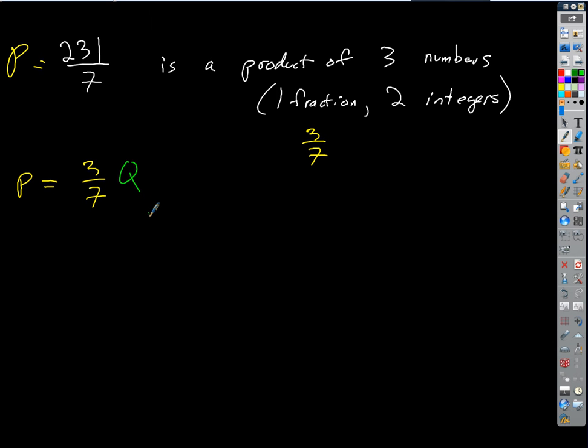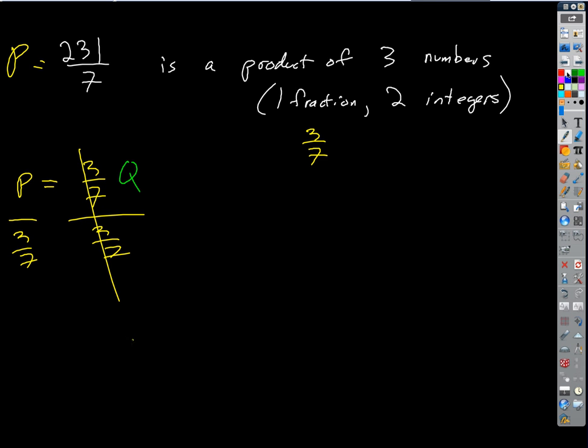And I just need to know what q is, because q is going to be the product of two integers, and I probably can figure that one out pretty easily. So if I were to divide both sides through by 3/7, those will cancel, and I'll figure out what q is. That make sense?